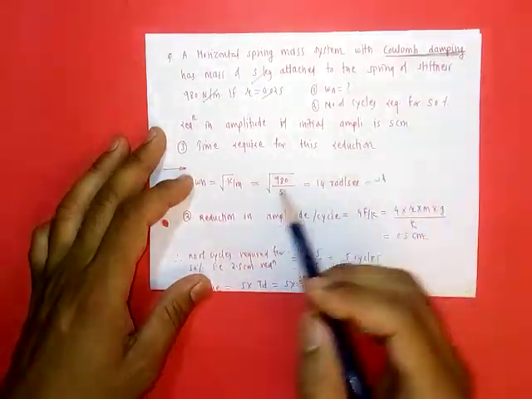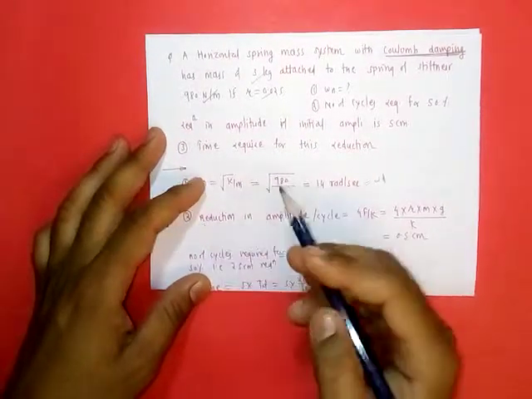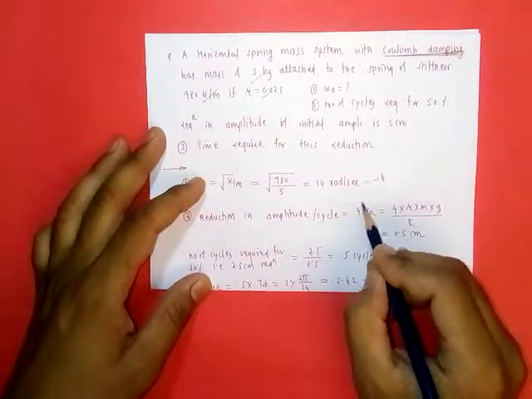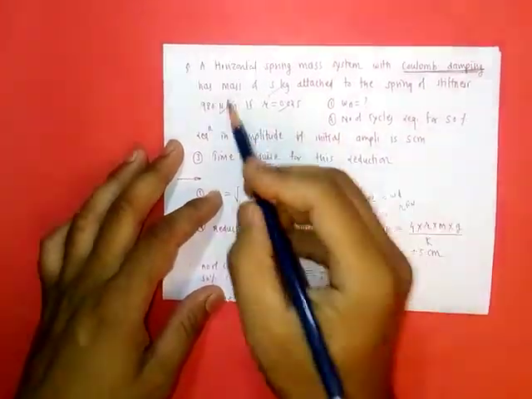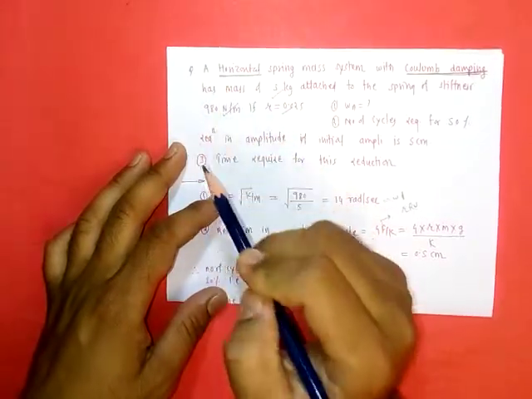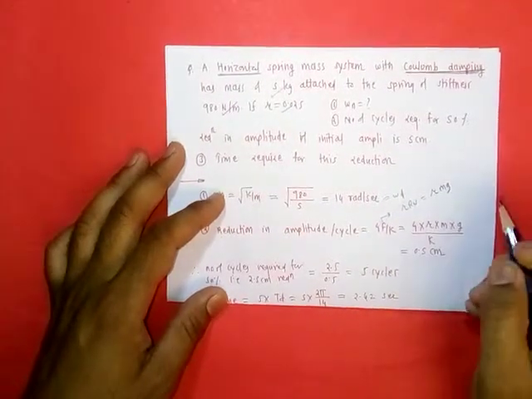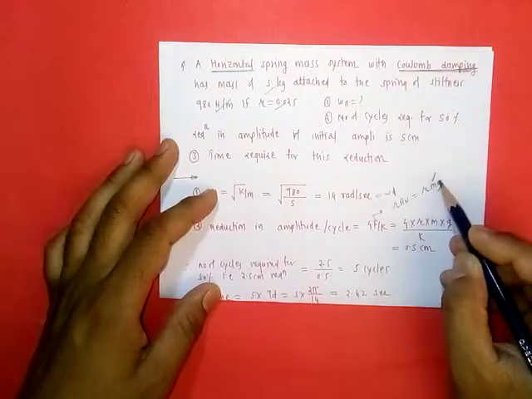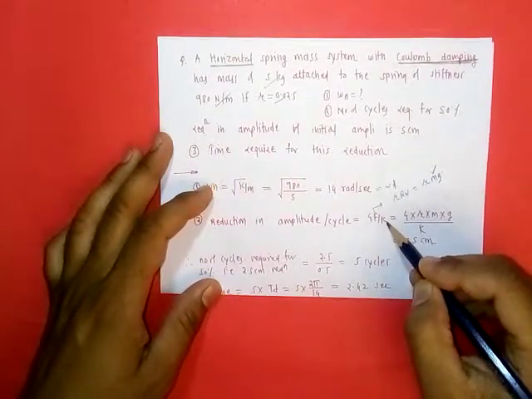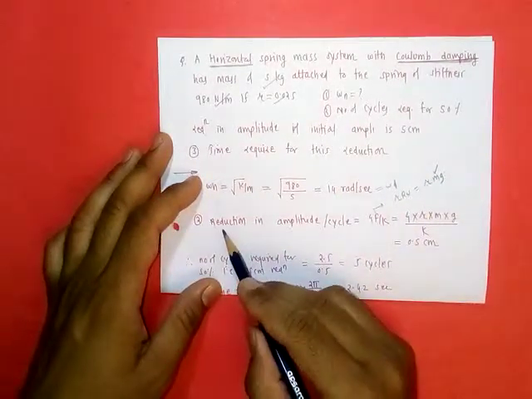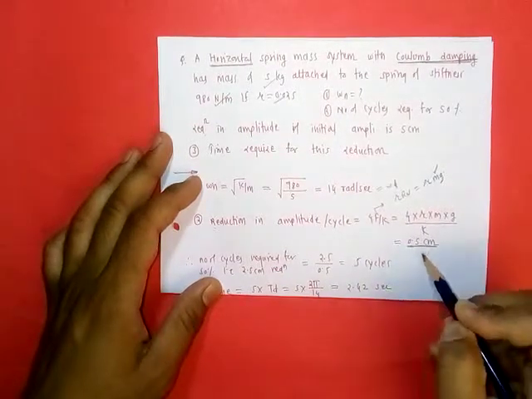Now next is the number of cycles required for 50% reduction in amplitude, and the initial amplitude is given. We know that in case of Coulomb damping, reduction per cycle is constant and it is equal to 4F upon K, where F is the frictional force and it is given by mu N. As the surface here is horizontal, the normal reaction will be equal to weight, so mu m g. Since m, g and mu are given, we can easily calculate this value, and k is also given, so the reduction in amplitude per cycle comes to 0.5 centimeter.